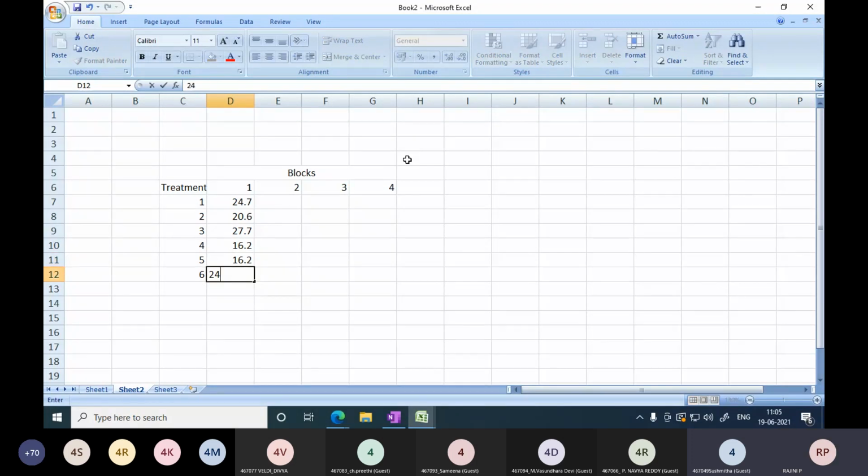Second block, first treatment, 27.3, 28.8, 22.7, 15.0, 17.0, 22.5.